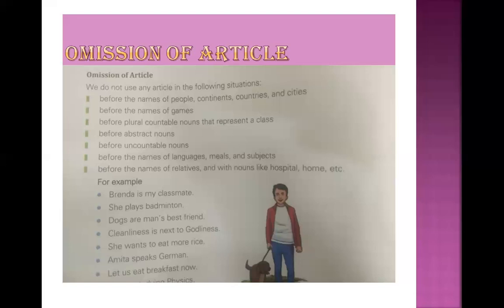Cleanliness is next to godliness. She wants to eat more rice. Amita speaks German. Let us eat breakfast now. Now you can see here we have actually omitted the articles.